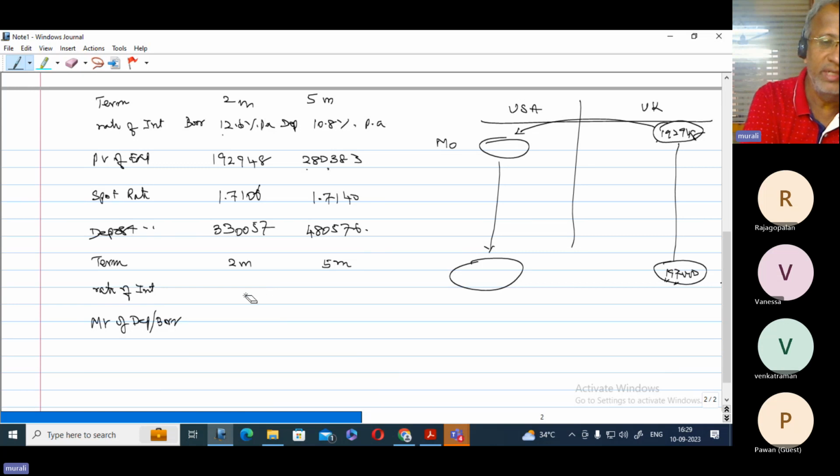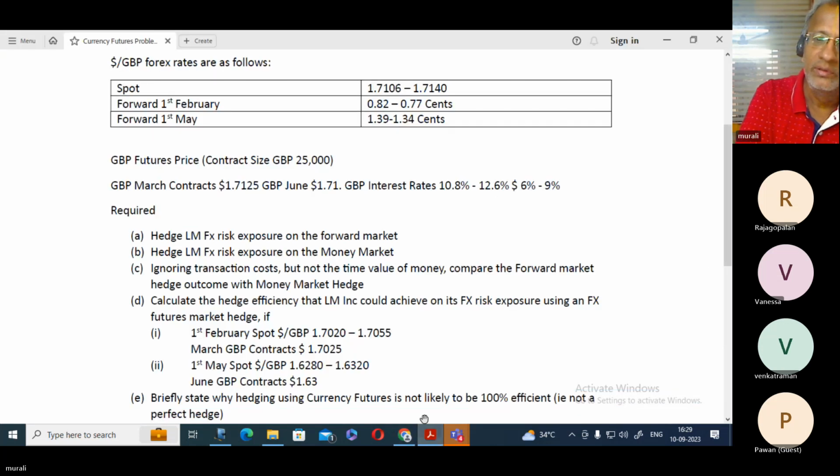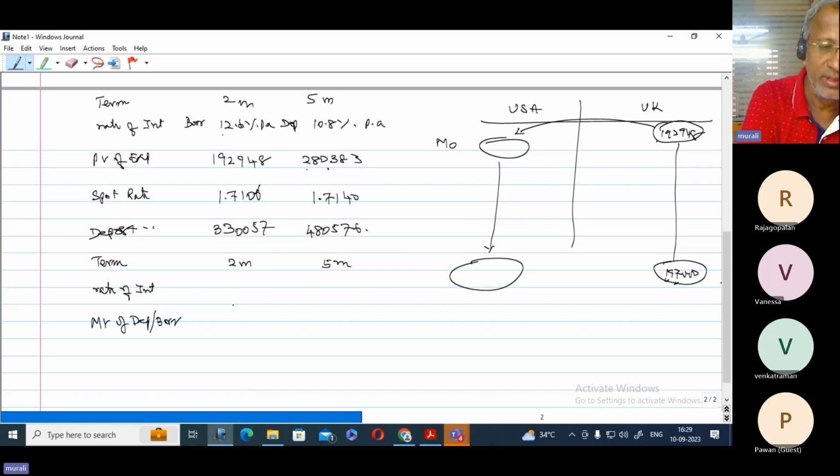So the rate of interest is 6% and 9%. 0.06 divided by 6 plus 1 into 330,057. That comes to 333,358. Please confirm this number.